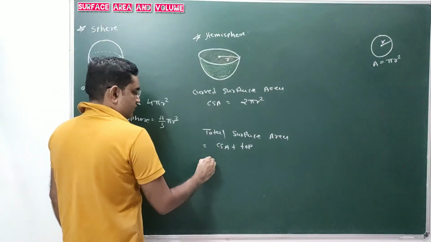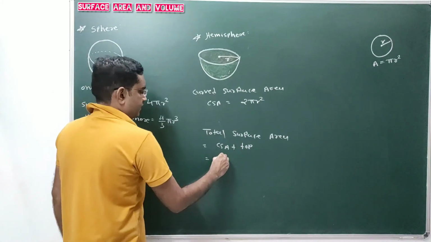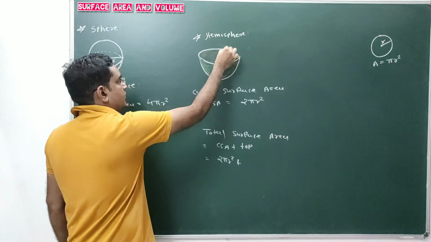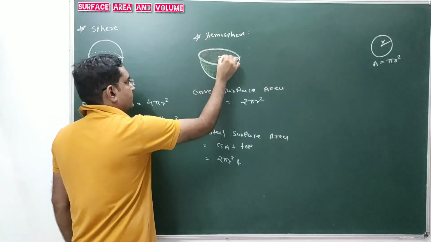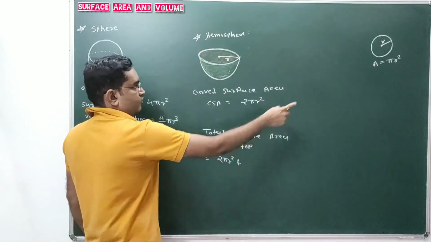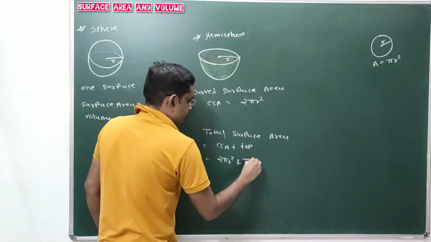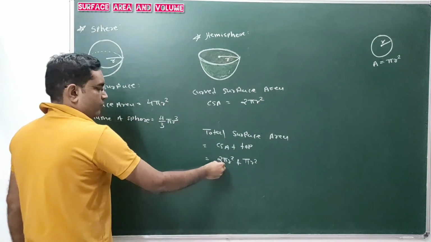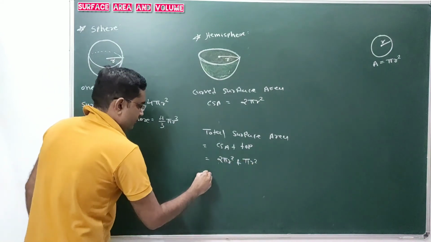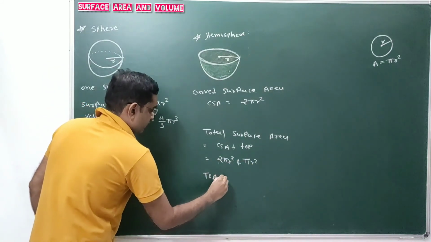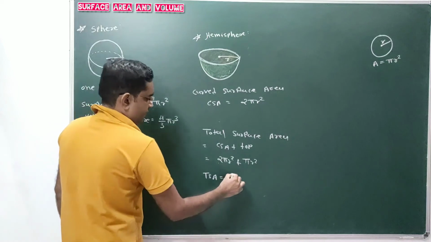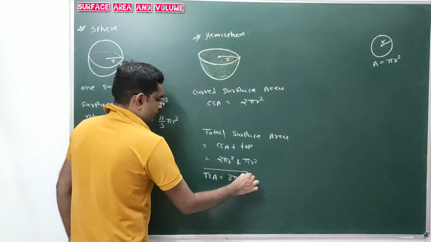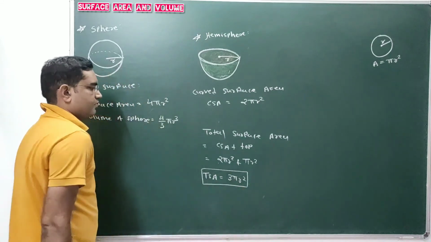That is 2 pi r square plus the top of the watermelon, which is a circular part with radius r, whose area is pi r square. So 2 pi r square plus 1 pi r square. Total surface area of hemisphere equals 3 pi r square. Done.